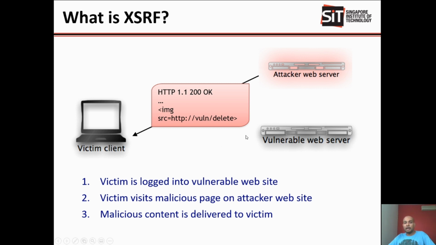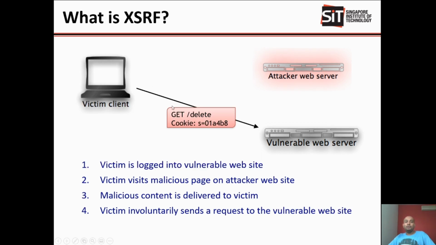So the victim's browser has the privilege to send this to this bank site. The victim involuntarily, he doesn't even know that his browser is sending this message to send $1,000 to this particular account, and since all the authentication is already there, the transfer takes place. This type of attack is known as cross-site request forgery.